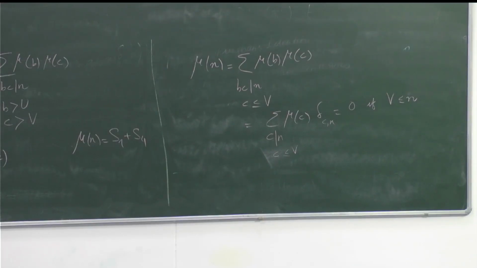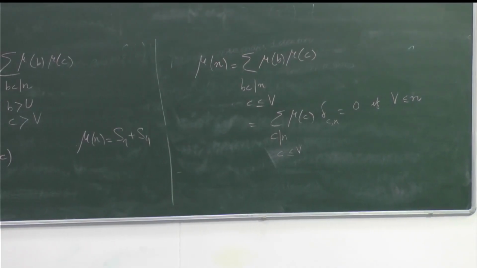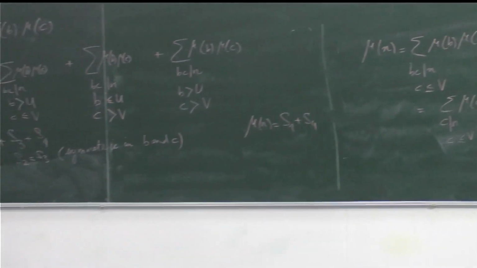No, because the identity was mu of n is S1 plus S4. So basically, the middle two terms should be 0. I mean, S2 plus S3 is 0, yeah? No, wait, S2 and S3 should not be 0.